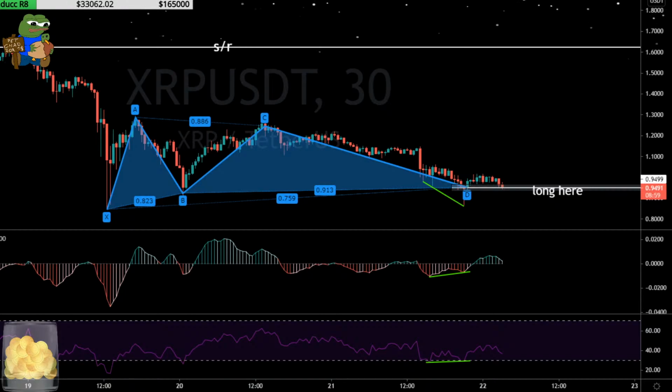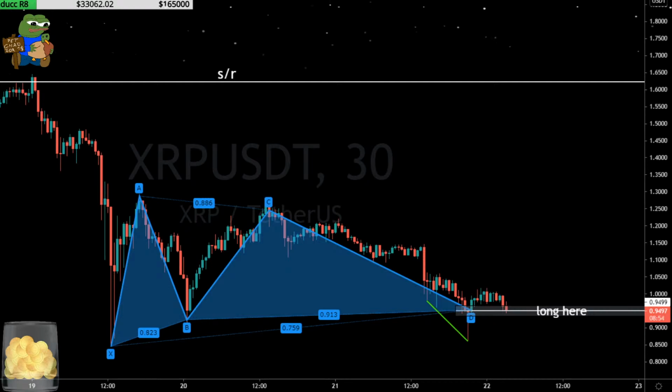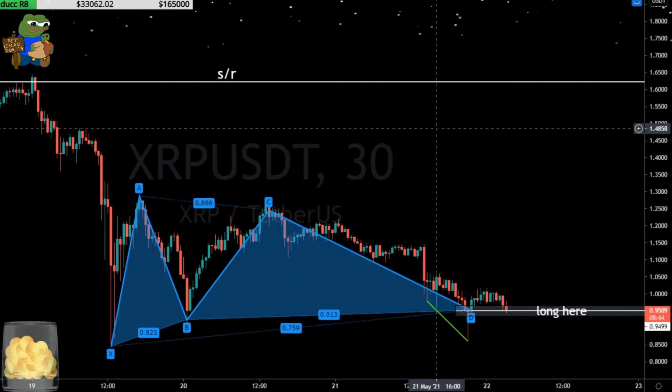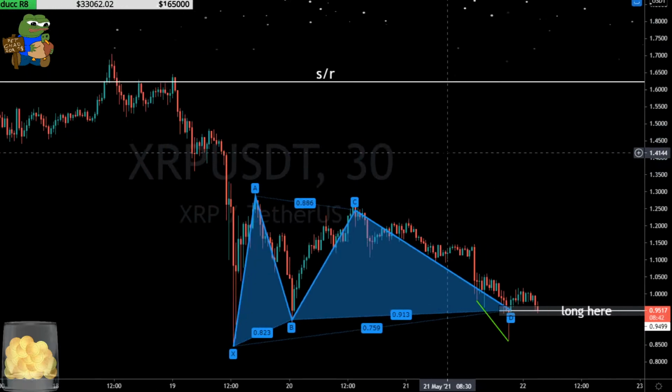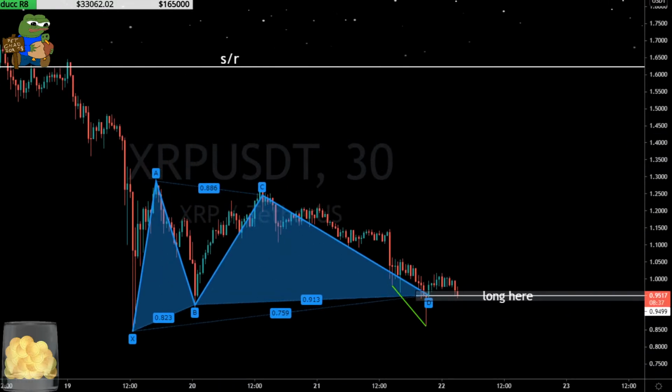So let's zoom back in here. All right, okay, so what we're looking at here on XRP is, sorry, I went the wrong way. We don't want to lose that X low, right?